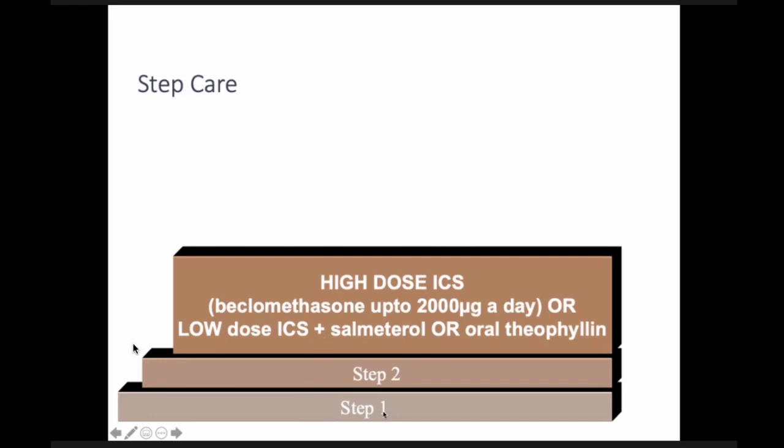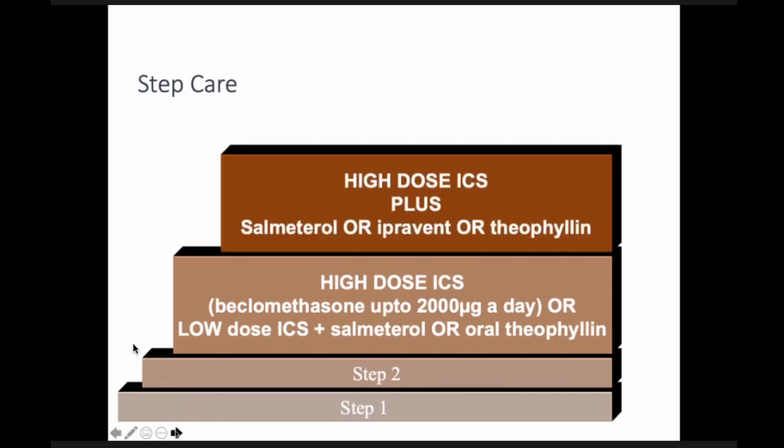In the earlier step, we try to use a short-acting bronchodilator. If the patient needs that more regularly, then we go on to a low-dose steroid inhaler. If it's not getting controlled, we have to go into a high-dose steroid or combine a low-dose steroid with a long-acting bronchodilator.